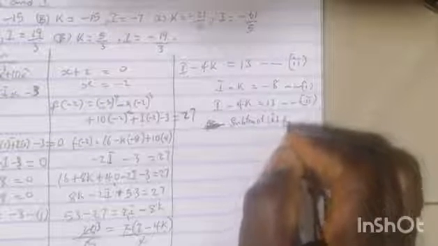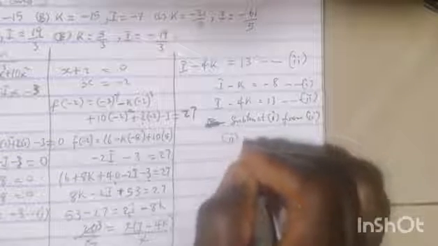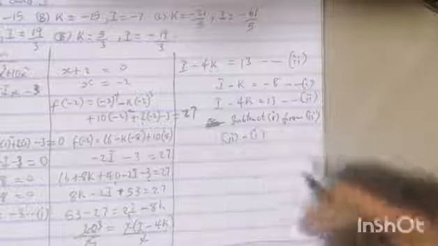Let's just say everything is already here. I can just subtract equation 1 from equation 2. So I'm actually doing equation 2 minus equation 1.